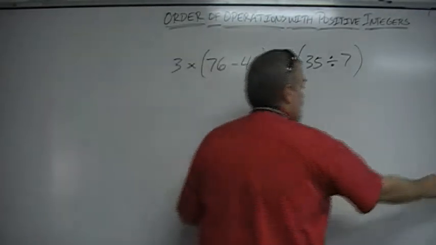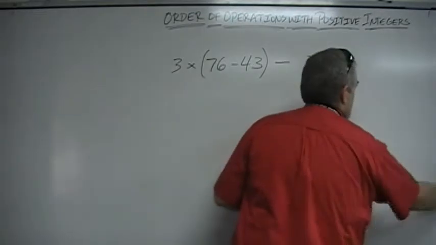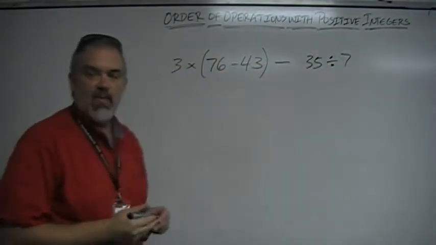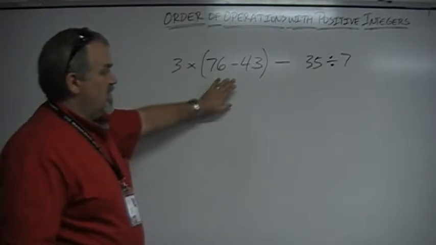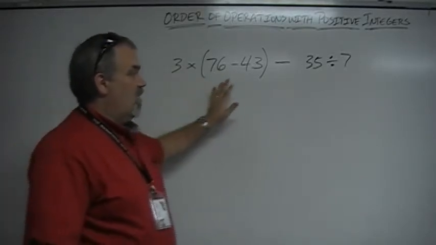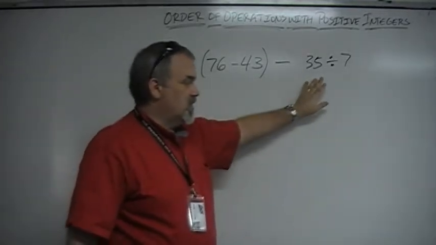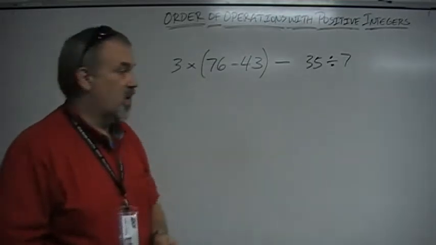So we're going to go ahead and take those brackets out. Now I'm going to read you the problem one more time and see if it makes sense to you. The difference of 76 and 43 tripled, and then I want to subtract from that the quotient of 35 and 7. Now we're going to solve the problem with the order of operations.